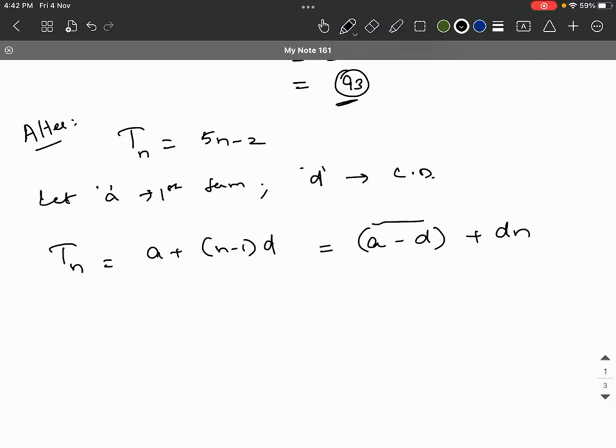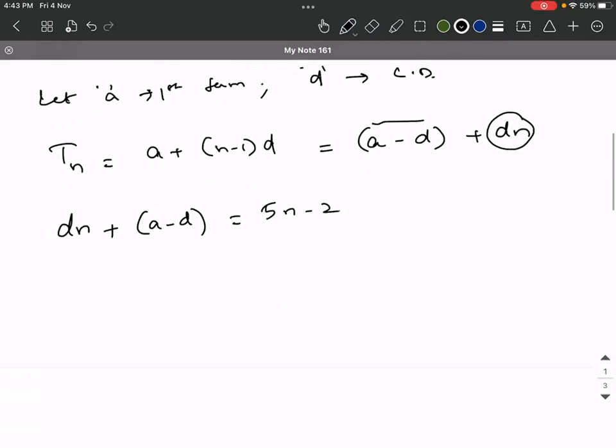I wrote it as A minus D because A minus D is a constant. Dn has D as a constant, n as a multiple. So listen to this carefully. I'm going to write this as Dn plus A minus D on the left hand side, which is the same as 5n minus 2. Why?